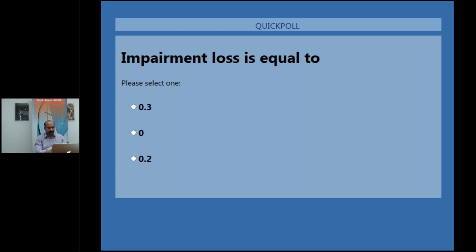So far, 16% people have voted. Only 30 seconds left.